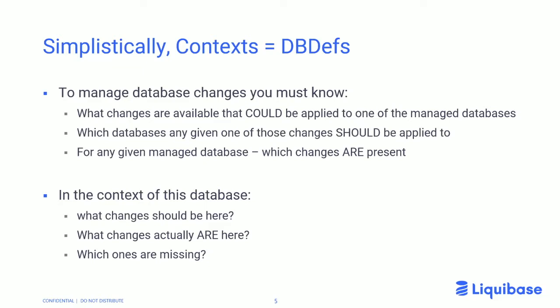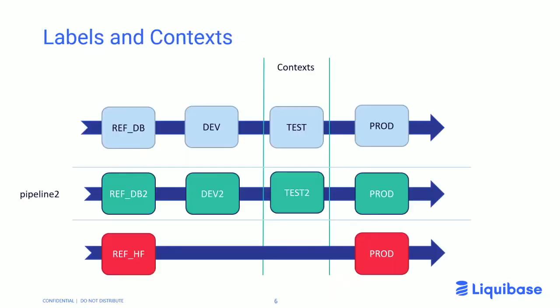Which changes should be applied to any of those databases? And then for any given database that I'm talking about, which changes actually are present? So if I'm in the context of a single database, what changes should be here, what changes actually are here, and which ones are missing? I have to answer that question with every operation against that database, every time I check the status of that database.